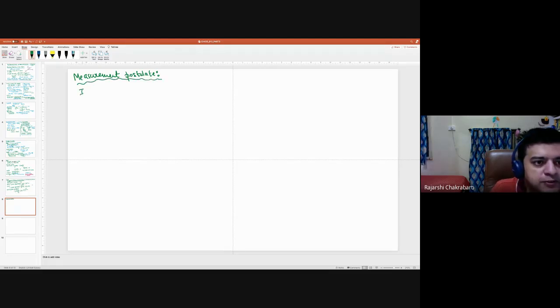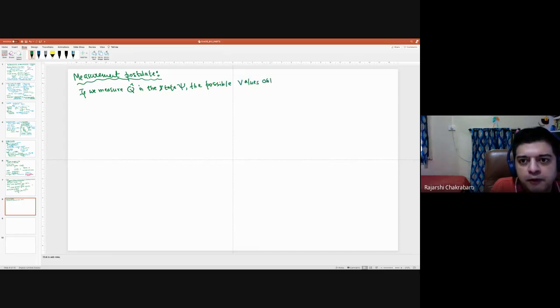It says that if we measure Q in the state psi, the possible values obtained are the eigenvalues Q1, Q2, like this.